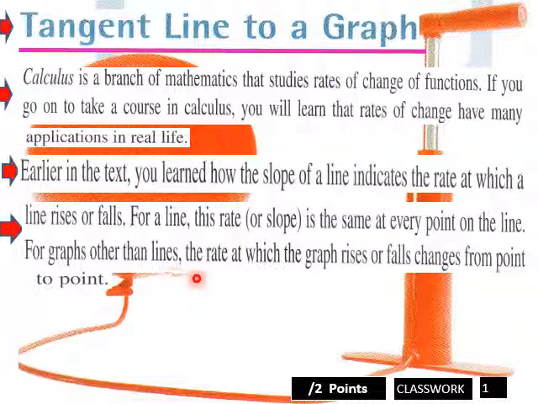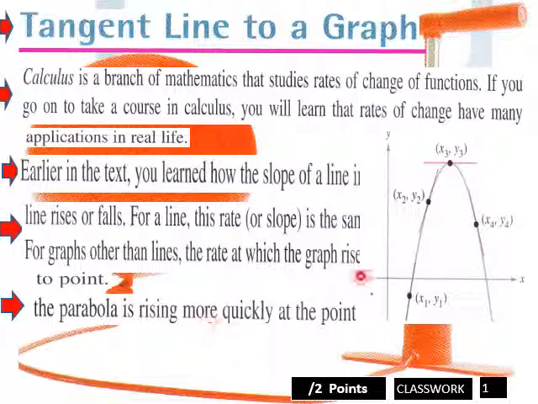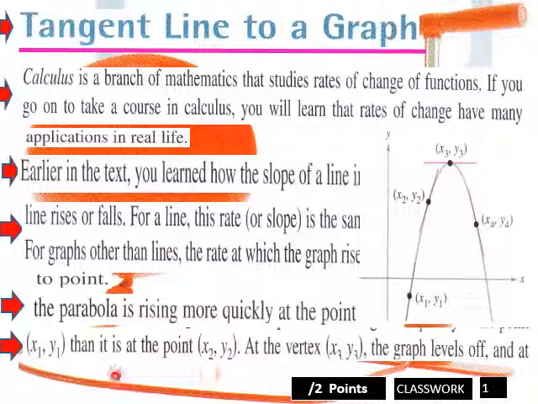For graphs other than lines, the rate at which the graph rises or falls changes from point to point. The parabola in this situation here is rising more quickly at the point x1, y1 here. The slope here is steeper.